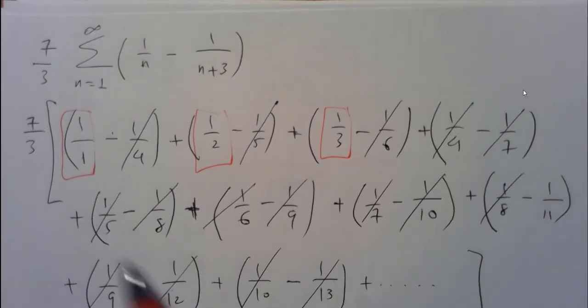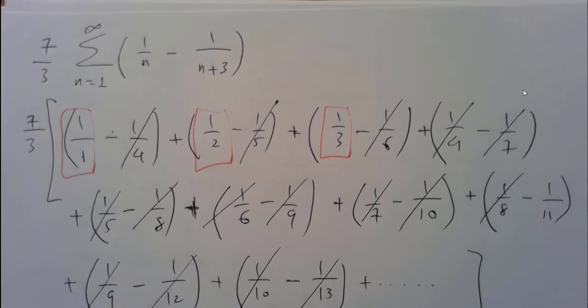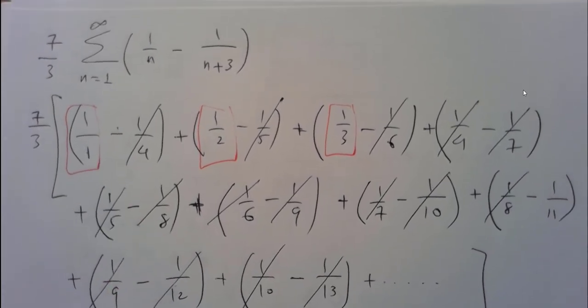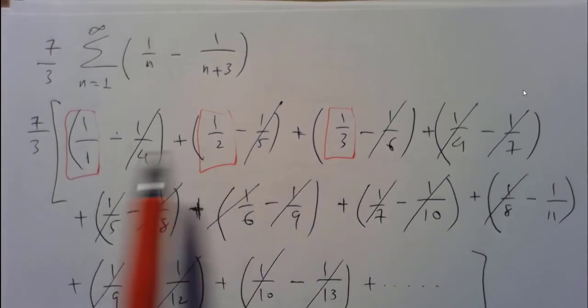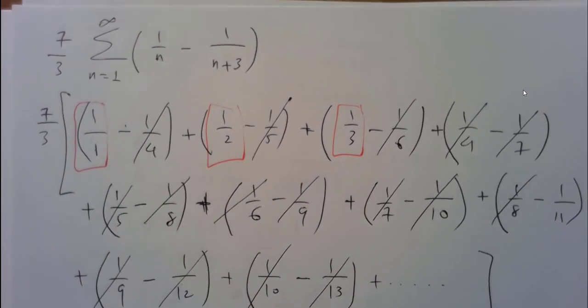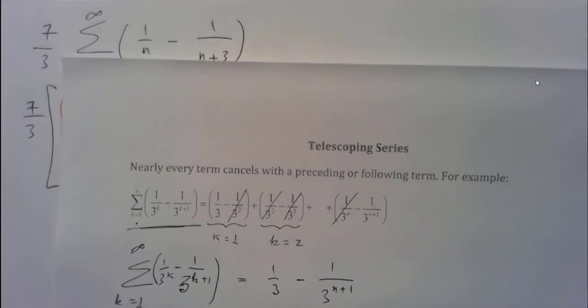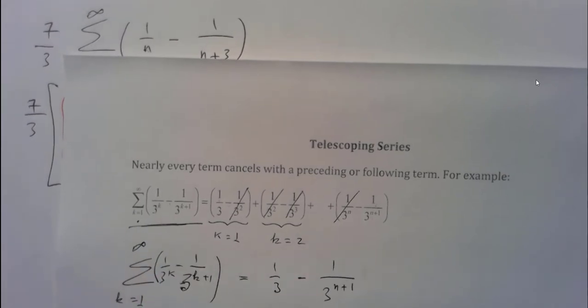They cancel all the terms in the middle, but not the first term and the last term. The first three terms were the ones that remained. So do pay attention here. They do cancel out all the terms, but it is not always the first and the end term as you saw earlier. So it depends on the series.